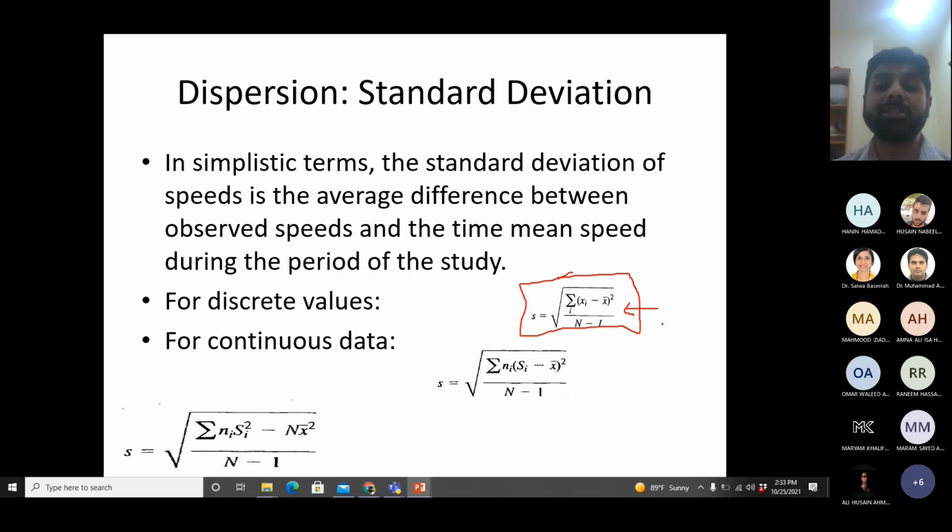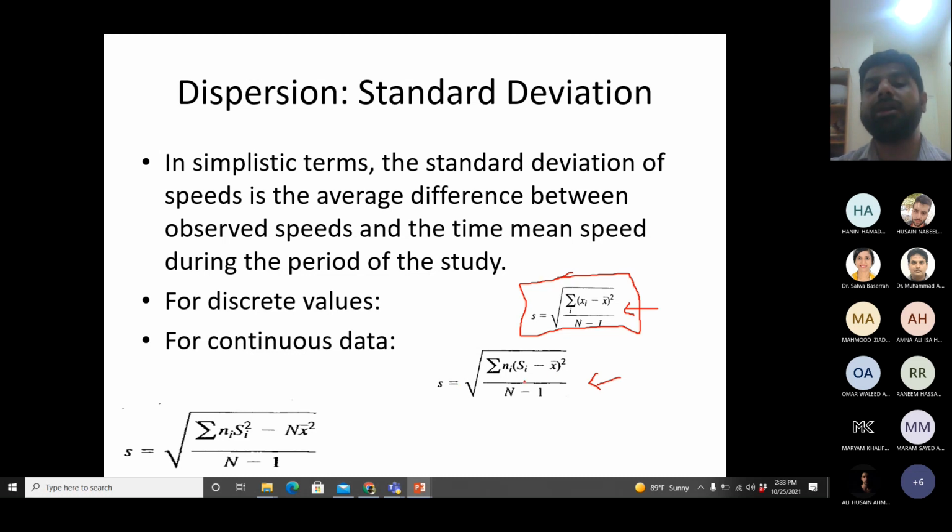But if you have a frequency distribution data set, then we need to incorporate the speed groups and their frequencies in the equation of standard deviation. This is why you see the second equation here. This is the main equation for calculating the standard deviation of frequency distribution data.